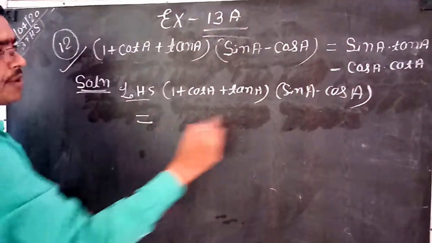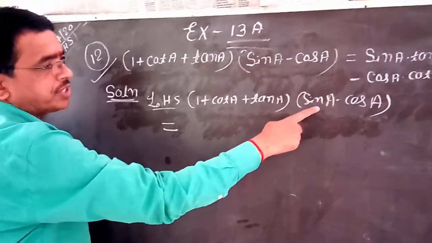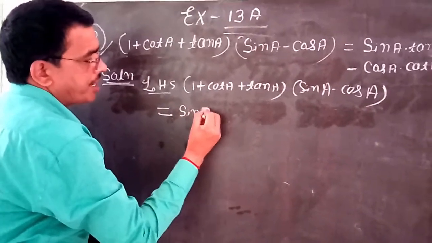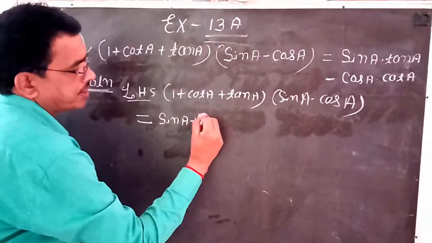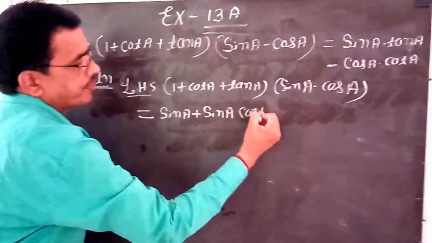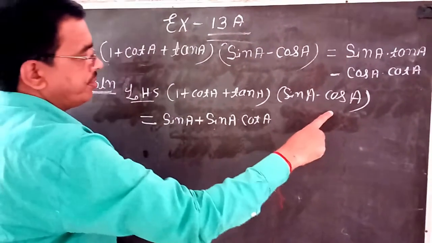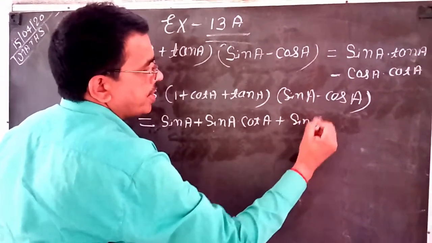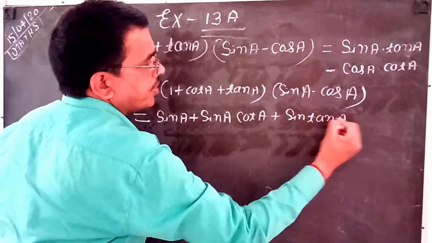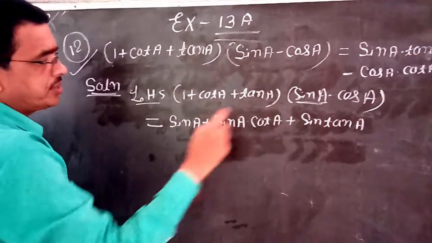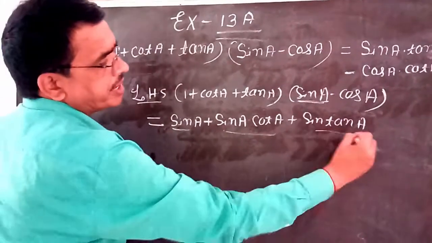So first step, you only multiply. First you multiply by sin, then you get sin A plus sin A into cot A, now plus sin A into tan A. If you multiply by sin, there are three terms: first term, second term and third term.